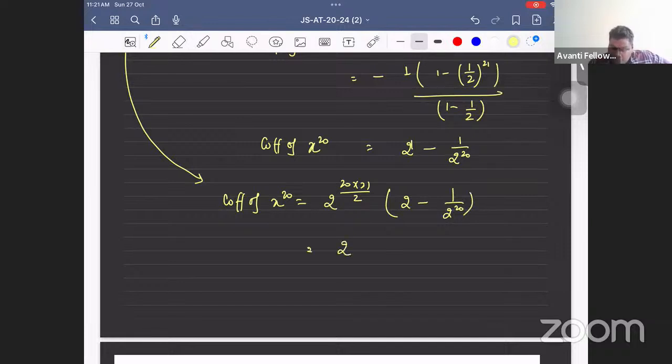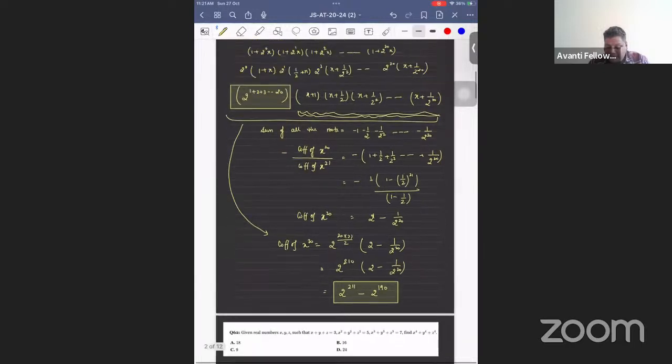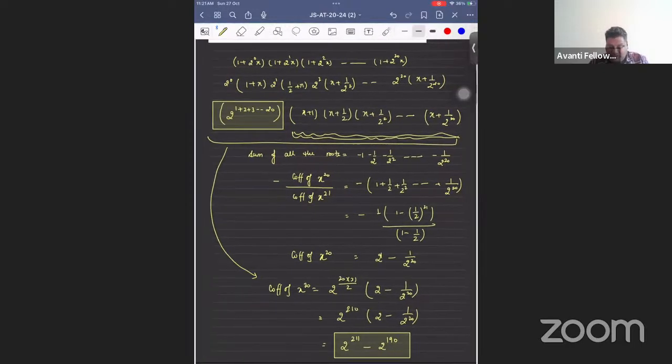So it is 2 to the power 210, into 2 minus 1 upon 2 to the power 20. So 2 to the power 211 minus 2 to the power 190. This is going to be your answer. Am I correct? Have a look at it. Though it's a bit difficult, I think you can absorb it.